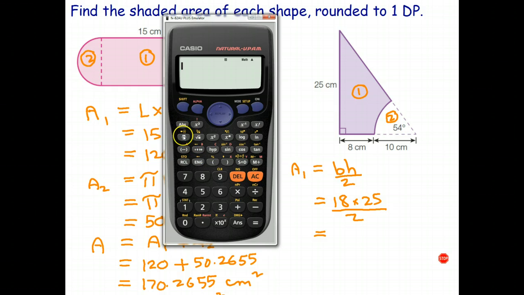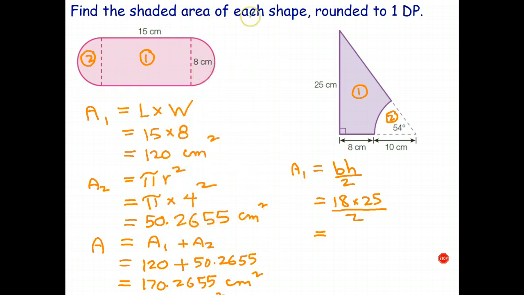And I'm going to use my fraction button. 18 times 25, down arrow, divide 2 equals, and I get 225 square centimeters. So let's write that one down. 225 centimeters squared.